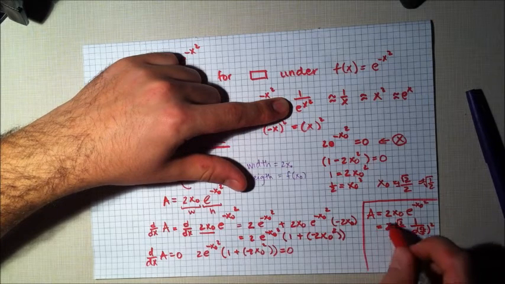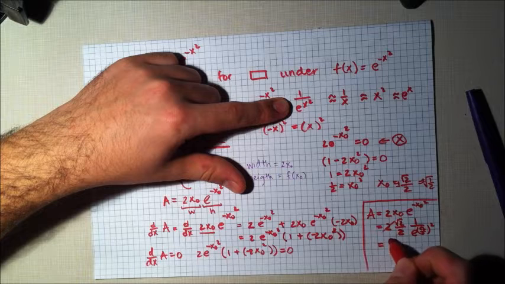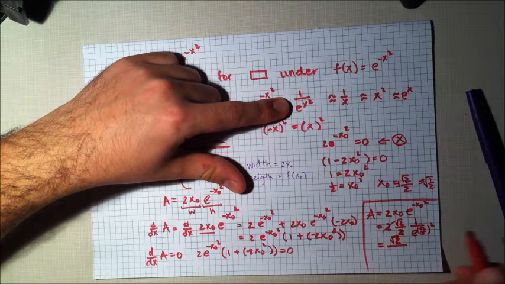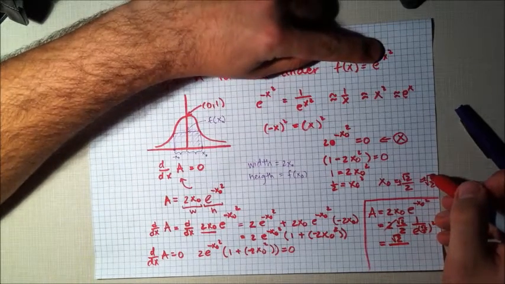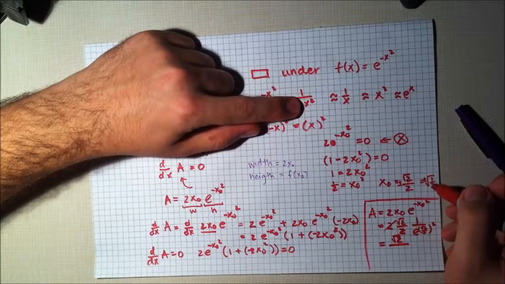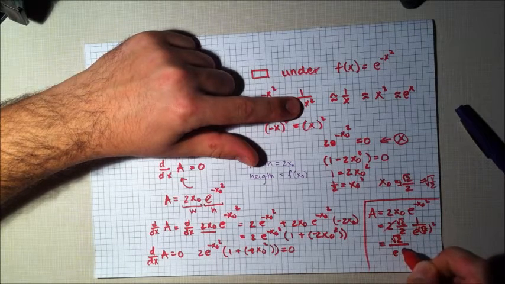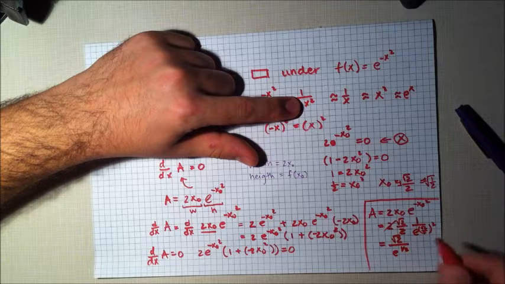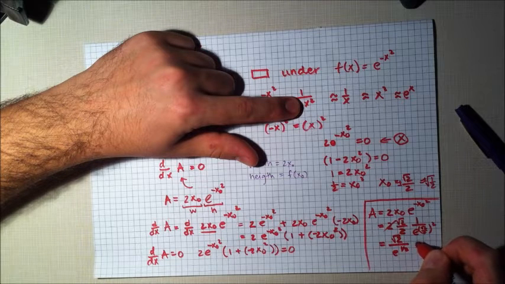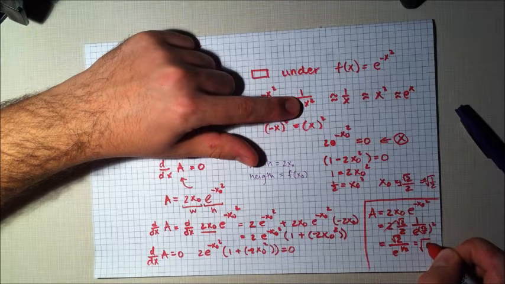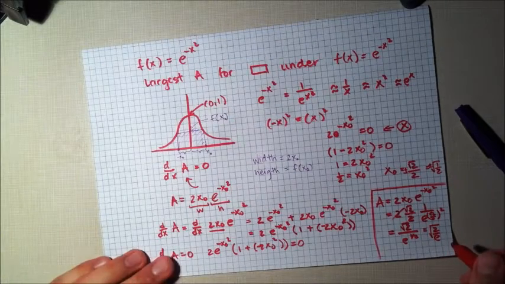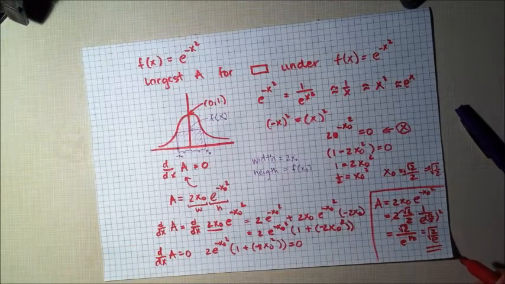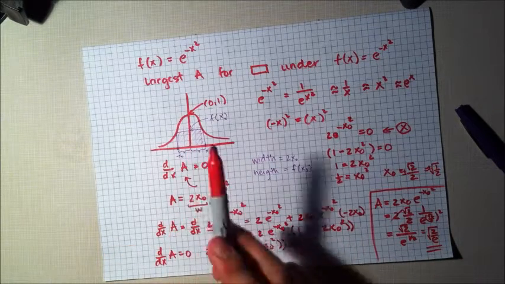Alright, so these 2's cancel, so we're left with a positive root 2 on top, and because this guy is squared over here, the squared goes away, so we're left with e to the 1/2, which essentially leaves us with square root of 2 over e. Alright, there we go. This is the largest area of a rectangle that can be inscribed under this curve.